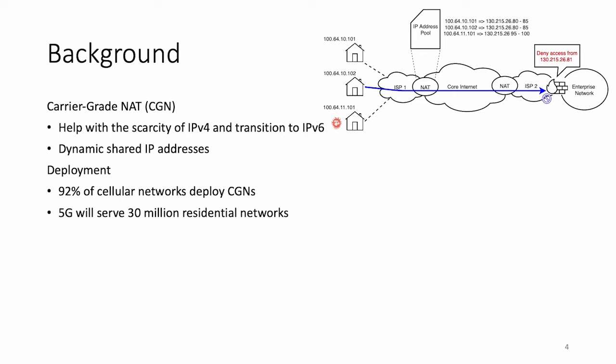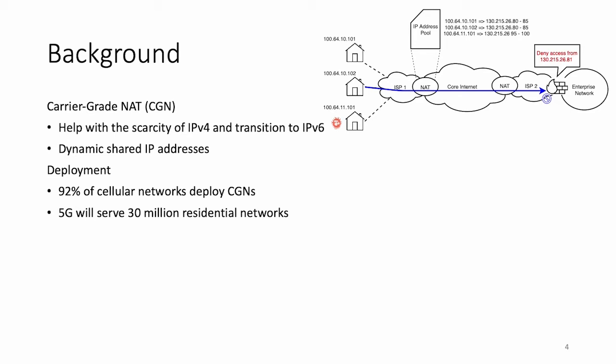First of all, it will assign each host private IP addresses instead of public IP addresses. And it will cause one public IPv4 address to be shared by a lot more users. And that one IP address could change a lot for one specific user. That makes it very hard for the enterprise network to recognize a remote user from just the IP address.